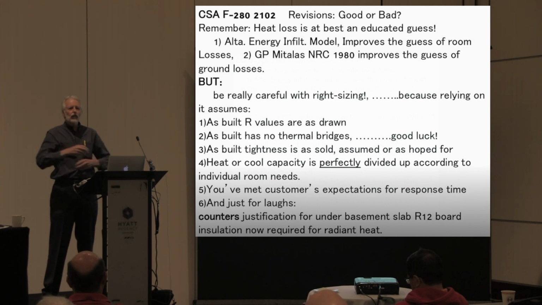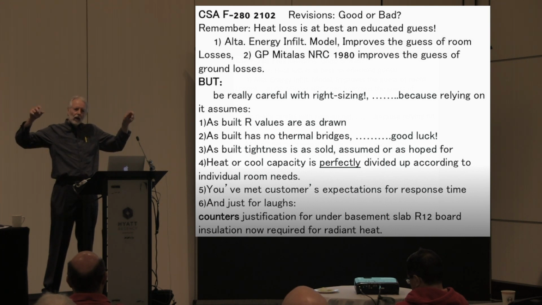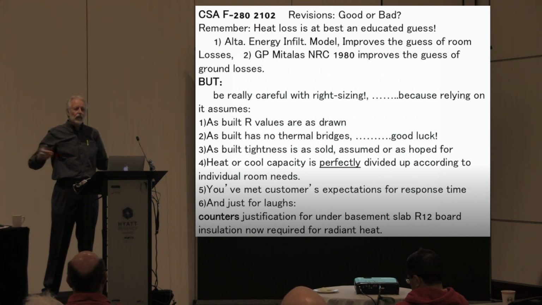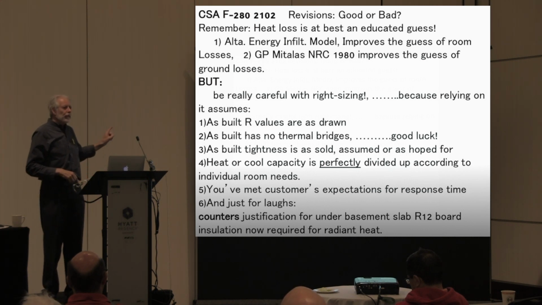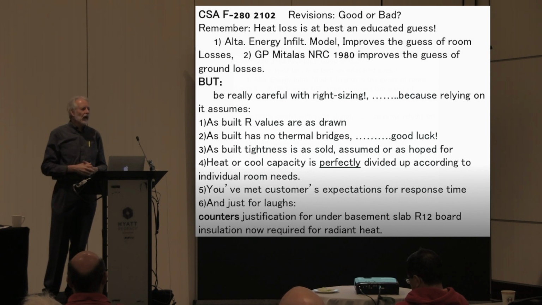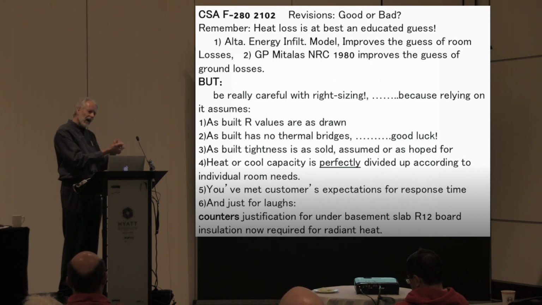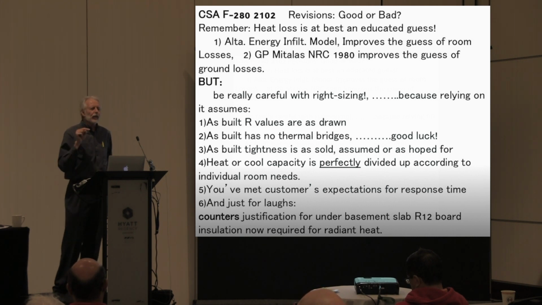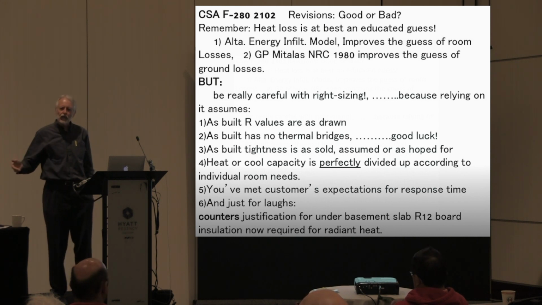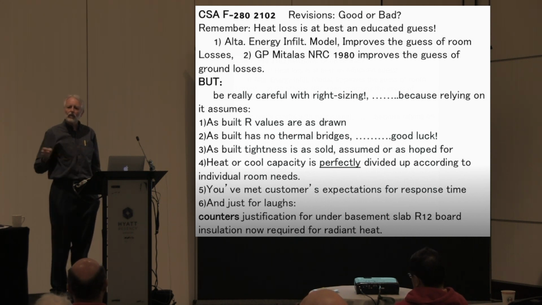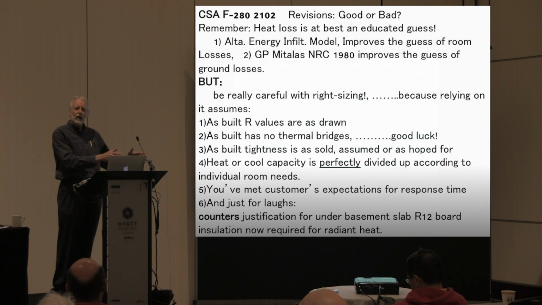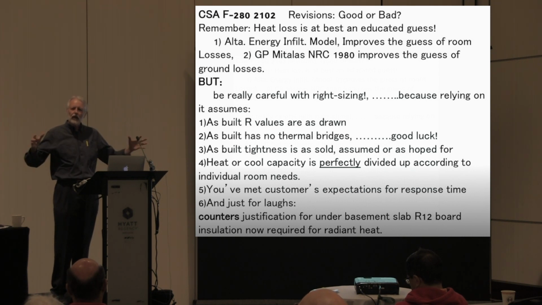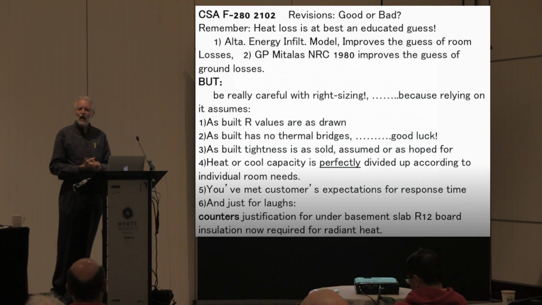If you start to engineer to what's called this brand new government buzzword called right-sizing, which I believe in if you're a scientist, but it's got a huge problem, because if you right-size and you calculate that you need 5,000 BTUs to a room, and your heating system isn't precisely divided up to a great degree of precision, you aren't going to make any corrections at the last, because you right-size this thing with equipment that's just big enough to do the job and ductwork that's just big enough and a branch just big enough. You're going to get royally screwed over, because this building industry isn't ready for that level of thinking right now. So be careful.